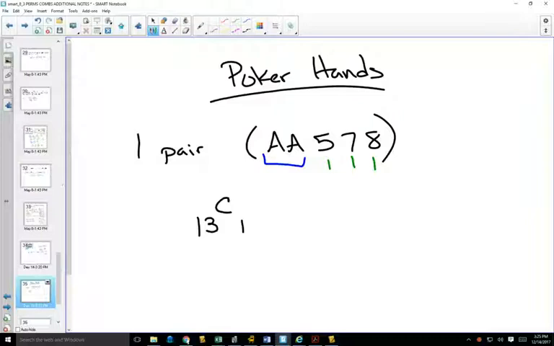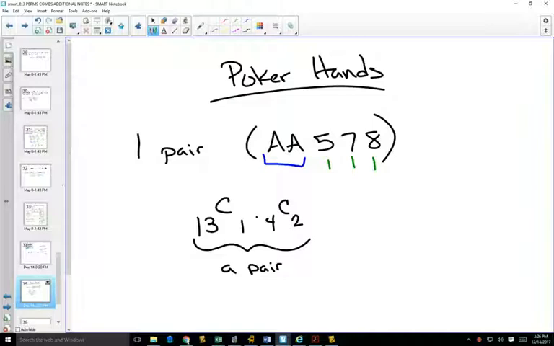And if I choose aces, how many aces are there in the whole deck? 4. So once I choose which kind of card I'm going to pick, I need to choose which 2 of those 4 aces I'm going to pick. And this together will list all the different pairs that are possible in a deck of cards.